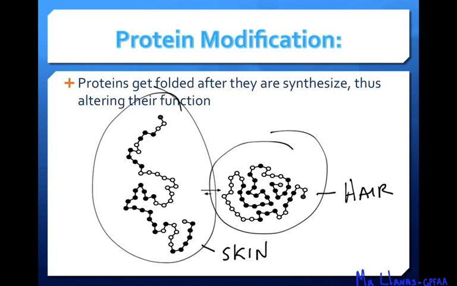Even though it's the same amino acids in the same order, just because it's folded differently, now the protein has a different purpose. Just like enzymes. Enzymes are very specific. Enzymes are proteins, so the way they're folded is the specificity, or how specific something is going to be. It just has to do with the way they're folded.